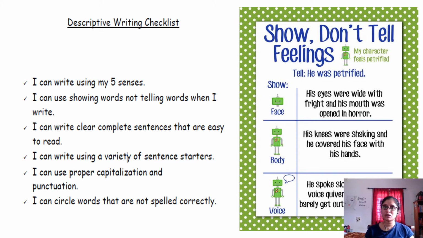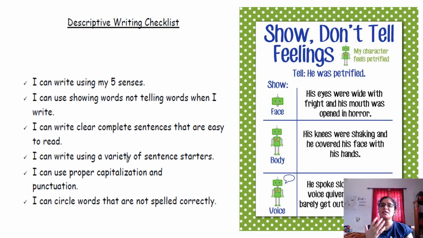Okay, so make sure that whenever you describe something, the 5 senses come into the picture. Then, I can use showing words, not telling words, when I write. There are certain situations where we just tell, for example, we say the boy was happy. I can only read that. I cannot feel whether the boy was happy or not.